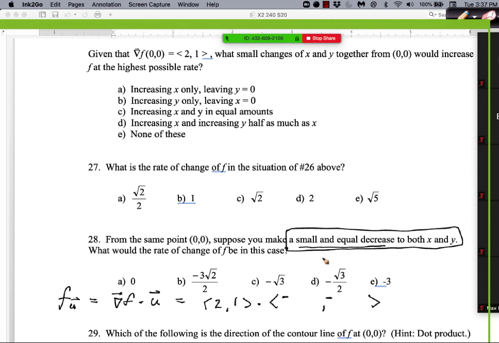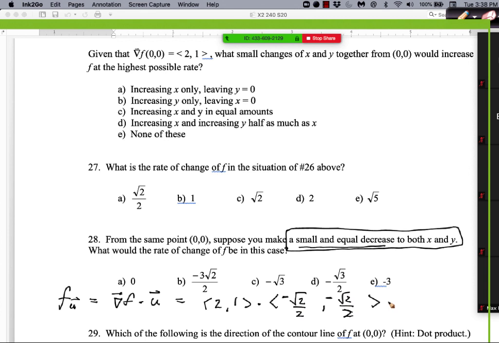So how do we get a unit vector with equal negative values? If you think unit circle, it's going to be negative radical 2 over 2, negative radical 2 over 2. So that's your unit vector. That gives a small and equal decrease to both x and y.